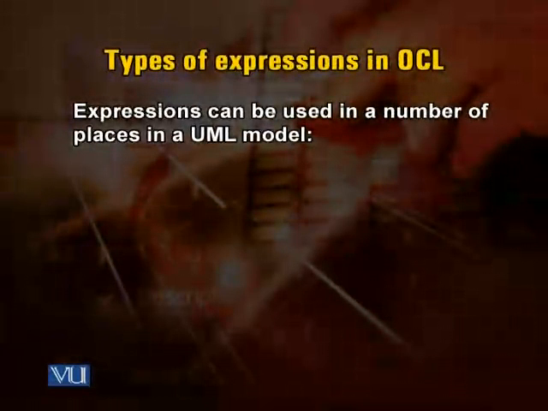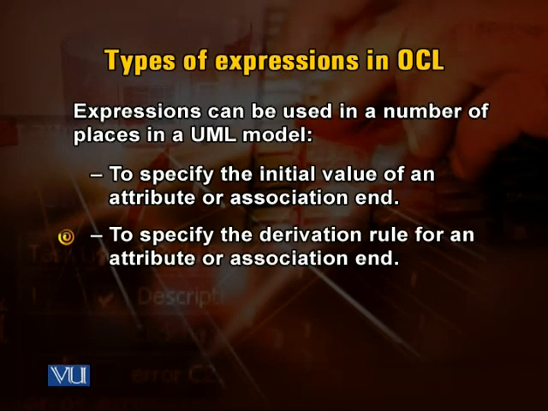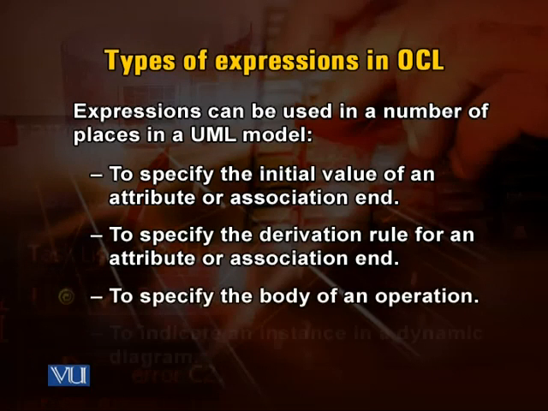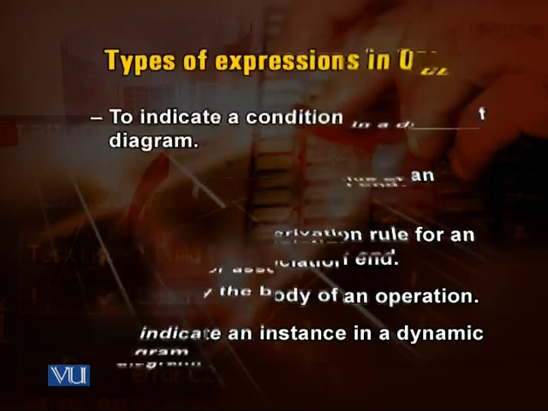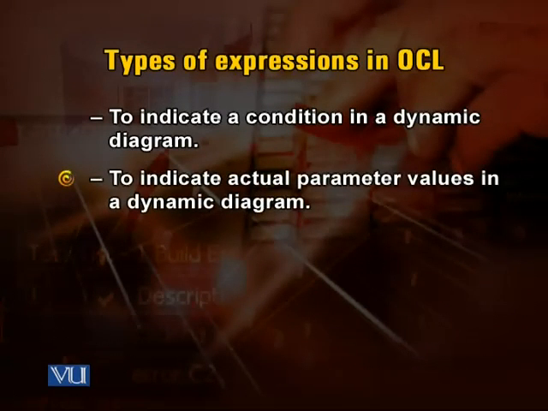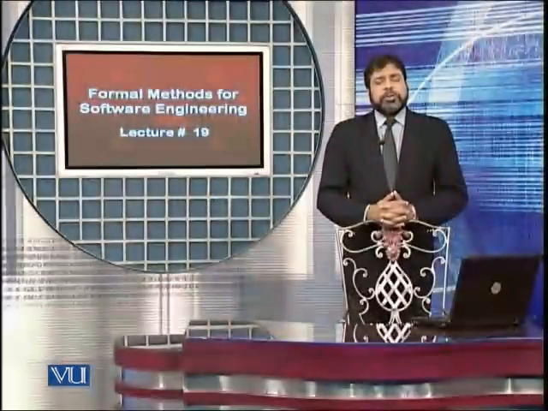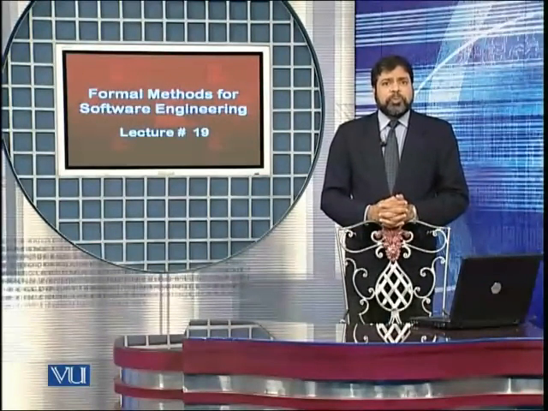Expressions in OCL can be used in a number of places in a UML model. It can be used to specify the initial value of an attribute or association, can be used to specify the derivation rule for an attribute or association end, to specify the body of an operation, to indicate an instance in a dynamic diagram, to indicate a condition in a dynamic diagram, to indicate actual parameter values in a dynamic diagram. यहाँ पर कुछ चीज़ें जो मैंने पहले जिक्र नहीं किया, नई हमने जिक्र किया है.